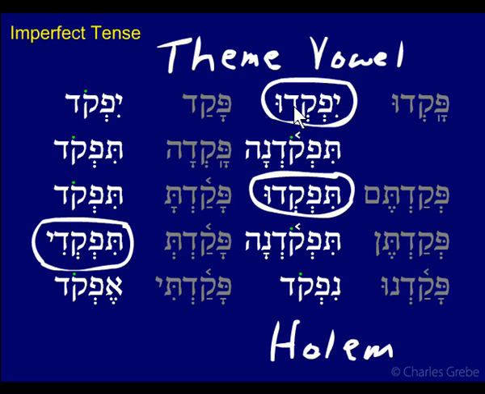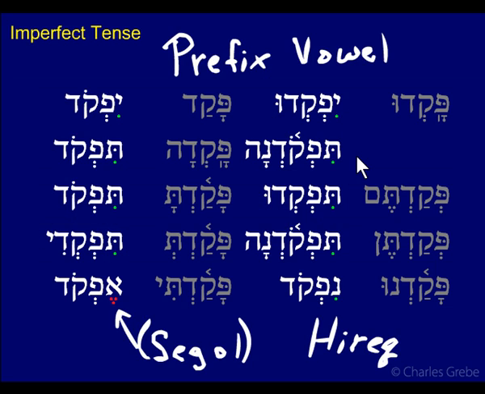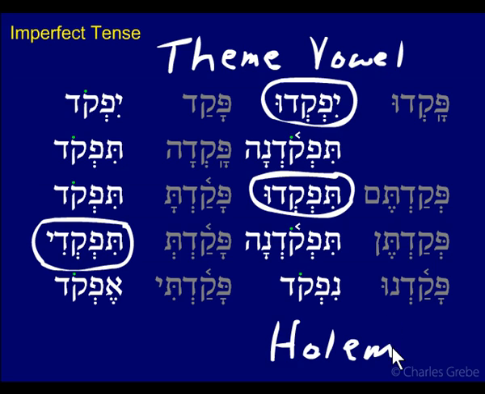So in the forms where we have a vocalic suffix, we do not have a holem because it has reduced. Reduced to this sheva. That's what's under this qof right here. Okay. So we have prefix vowel hiriq and the single segol, theme vowel holem, except where there's pretonic reduction.